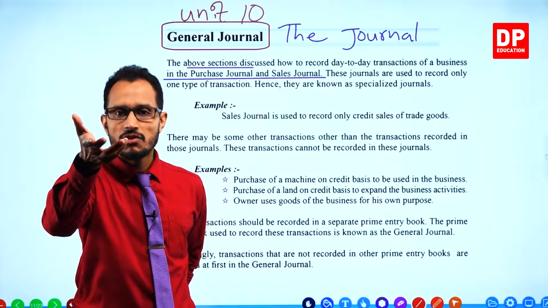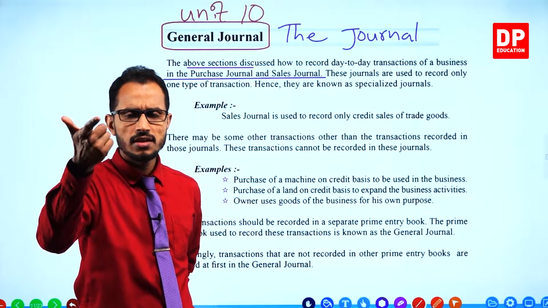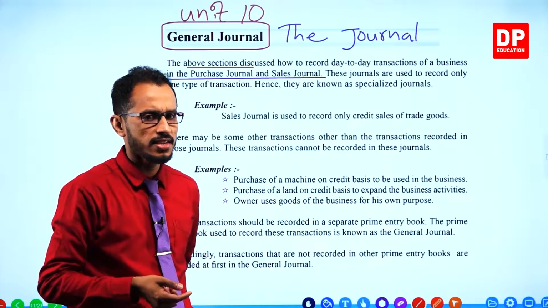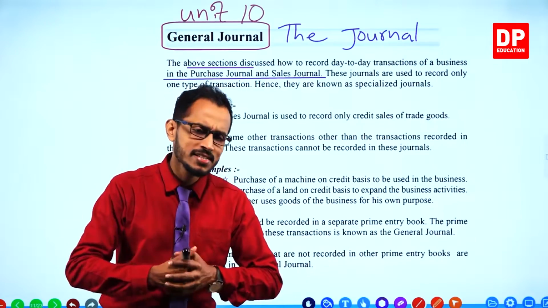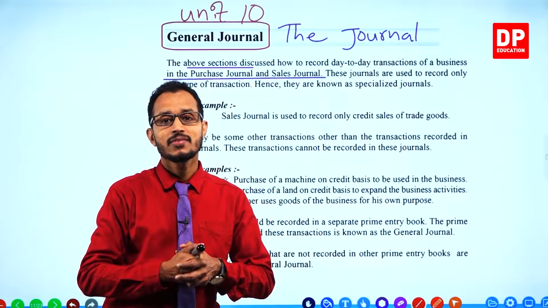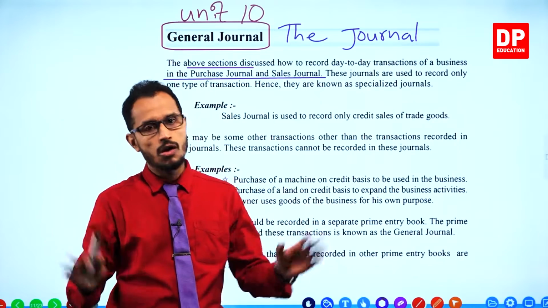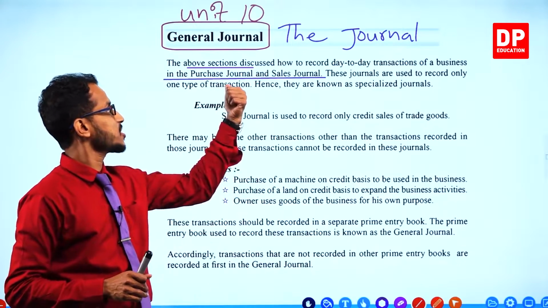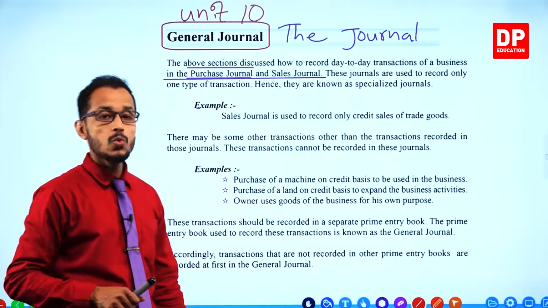You said purchasing transactions. Purchasing of anything in the business we record in the Purchaser's Journal. Well, that's what you said, but it's wrong.